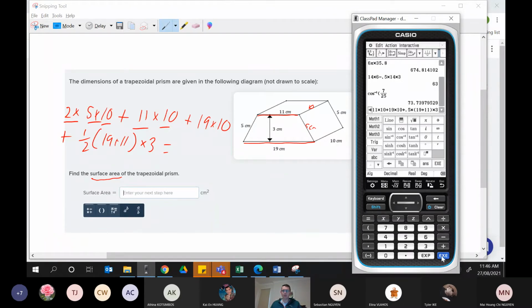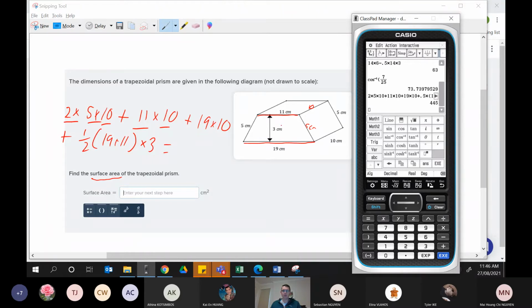And then I'm going to hit execute. Now, because it's such a long calculation, it's really tricky to check that this is correct. So when I get such a long calculation, I really slow down when I'm inputting it and trust that I've checked it correctly. So I'll just hit execute on that straight away and hope I got it.